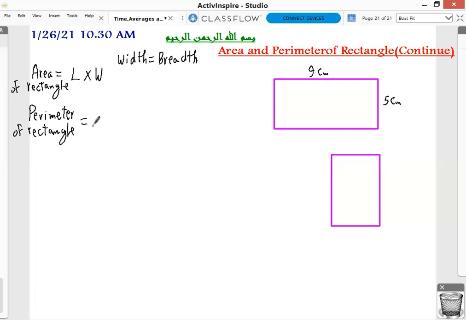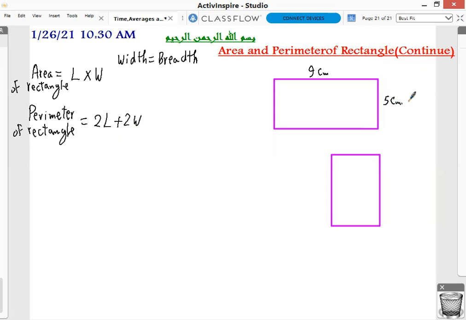Or if you have the names of L, W, L, W, then how many L? 2L, very good. Plus, how many W? 2, good. It's 2W. Then you can make your perimeter like this, 2L plus 2W.